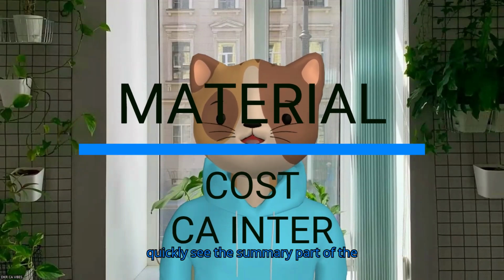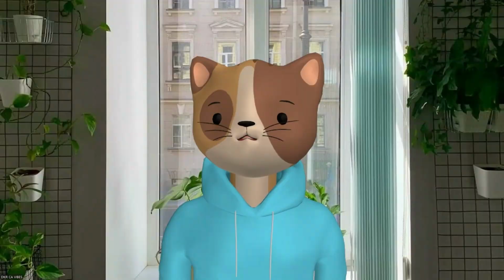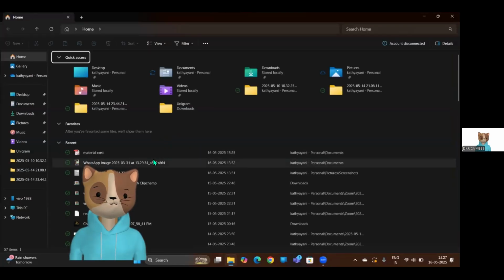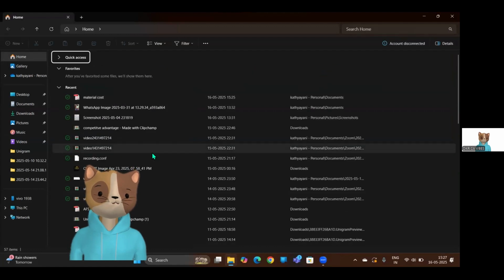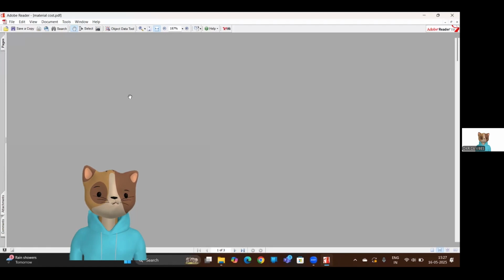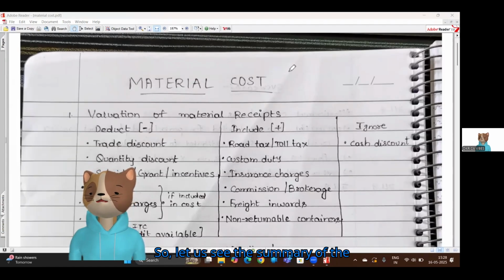Let us quickly see the summary part of the material cost. So let us see the summary of the material cost.